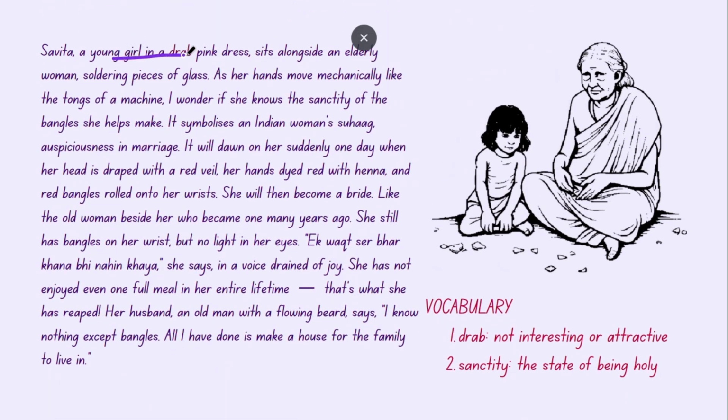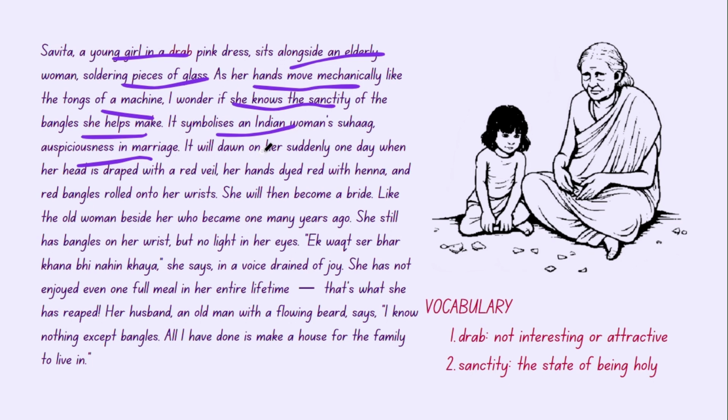Savita, a young girl in a drab pink dress, sits alongside an elderly woman, soldering pieces of glass. As her hands move mechanically like the tongs of a machine, I wonder if she knows the sanctity of the bangles she helps make. It symbolizes an Indian woman's suhag, auspiciousness in marriage.